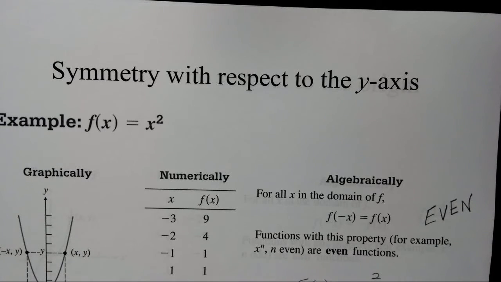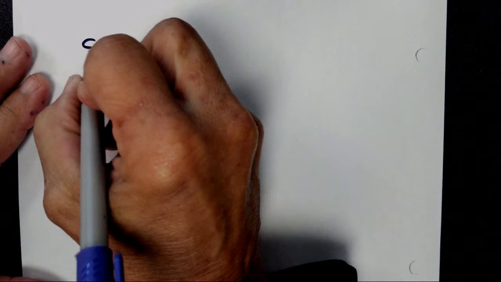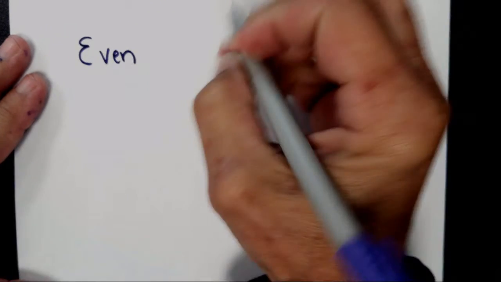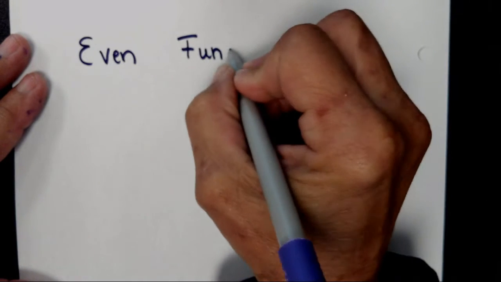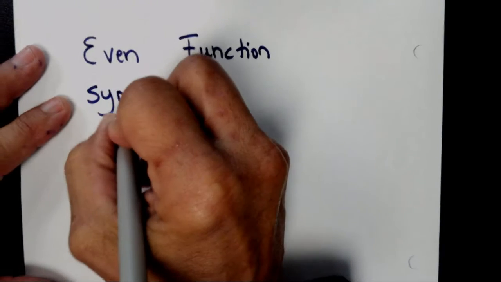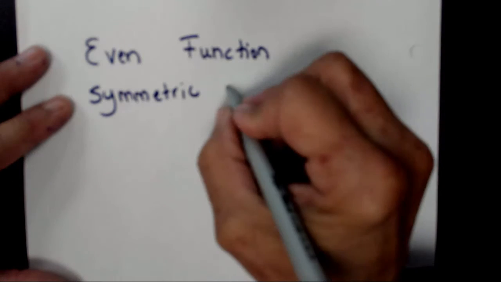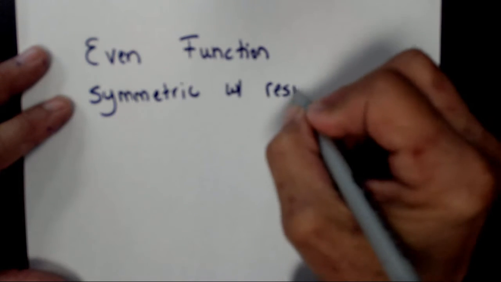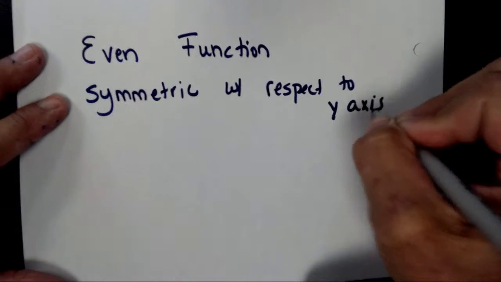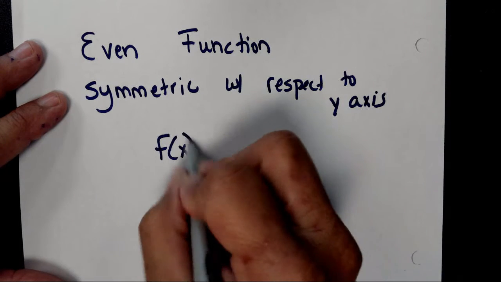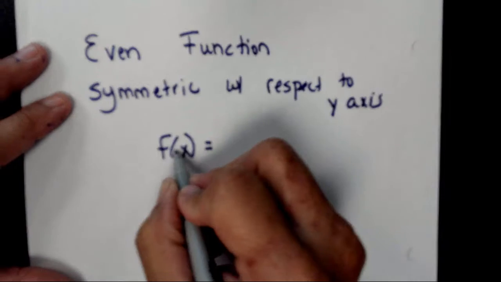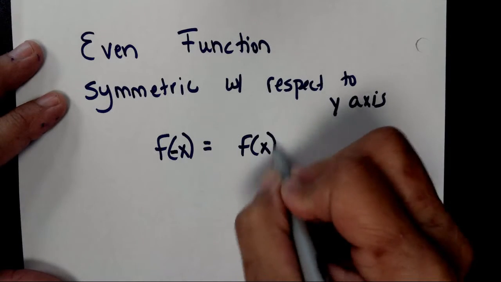Now, here's where you need to take some notes. Symmetry with respect to the y-axis. So this is what I want you to write down. Even function, symmetric with respect to y-axis, f of negative x equals f of x.